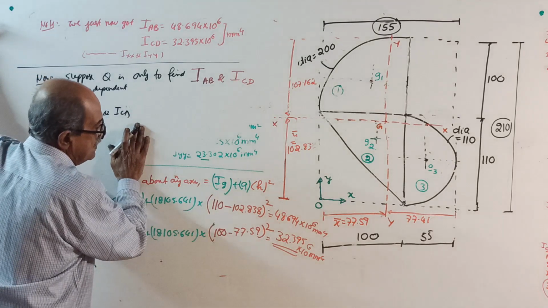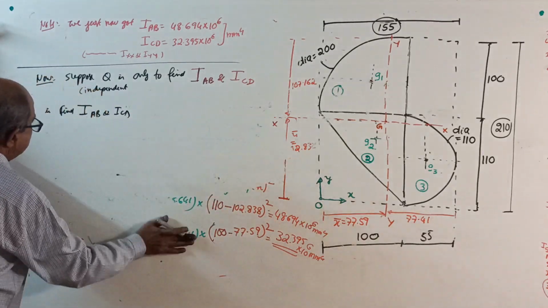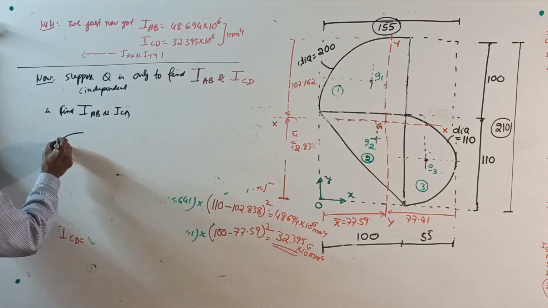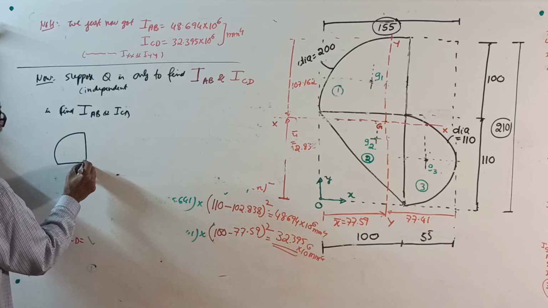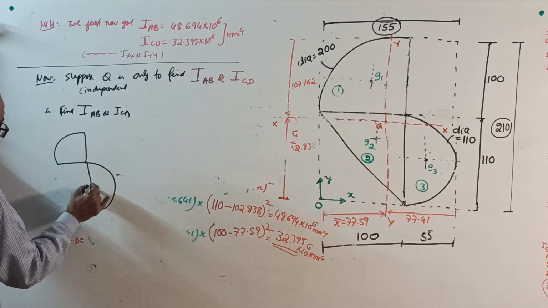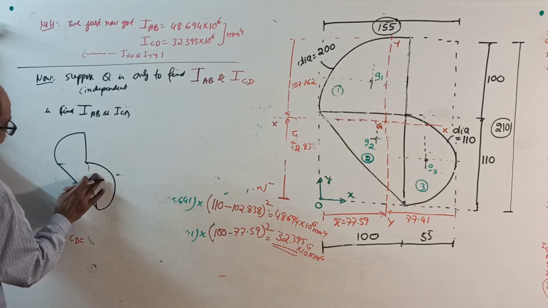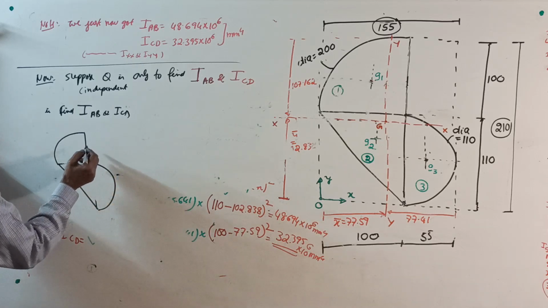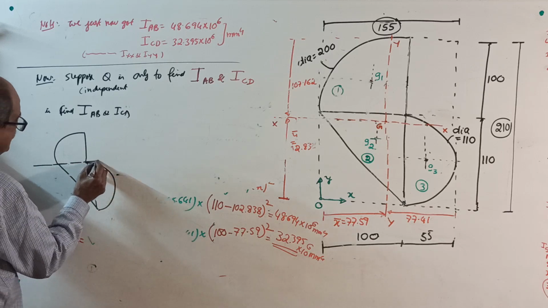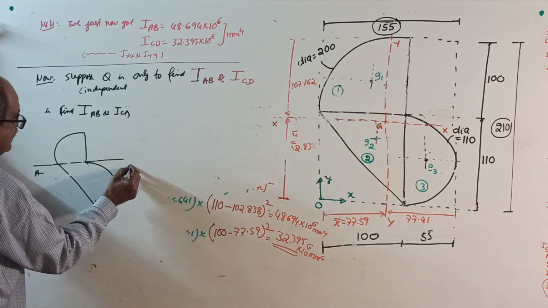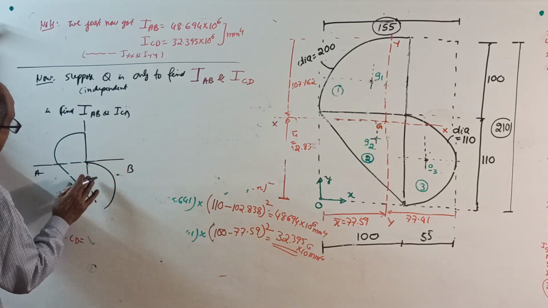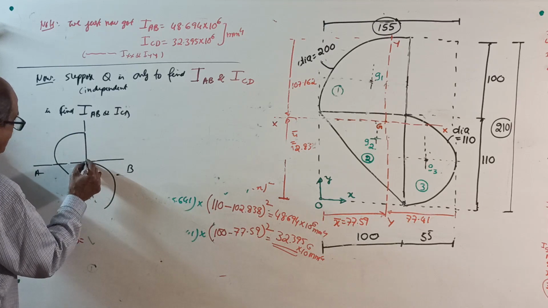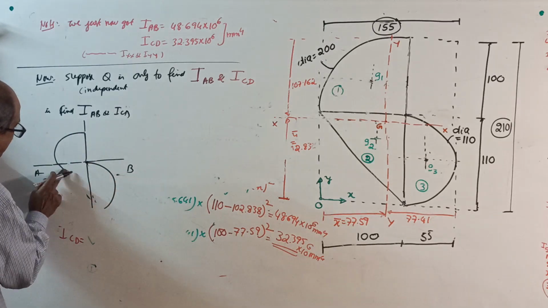See, then how is the sketch? Sketch is given like this. Rough sketch. In the sketch they showed here, this is AB, this is CD. Little turned. Okay.